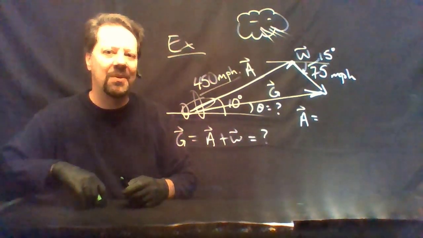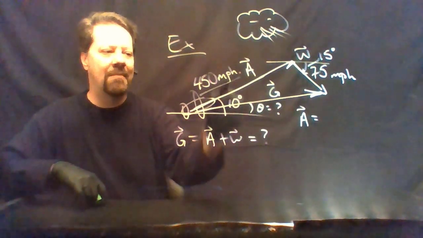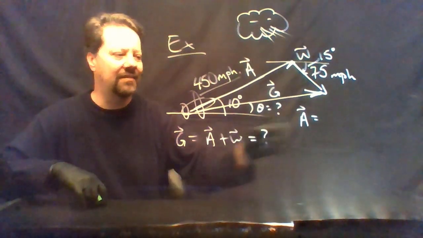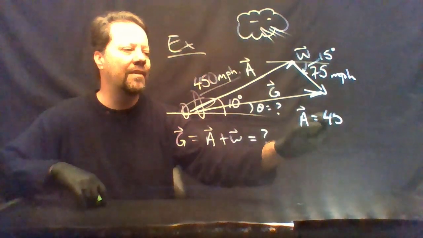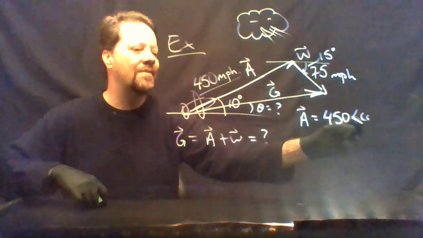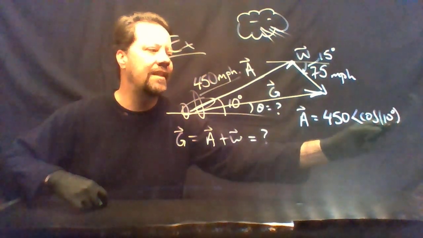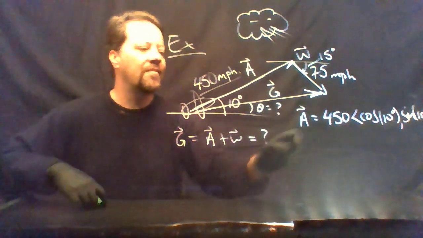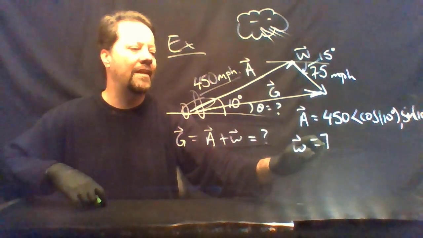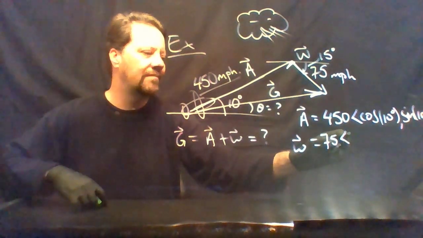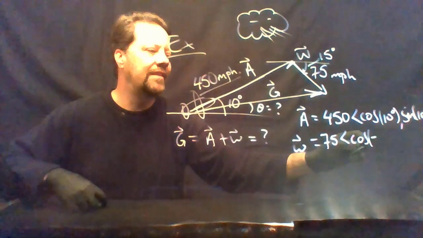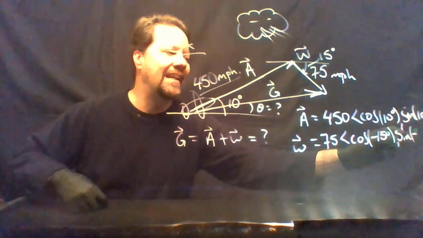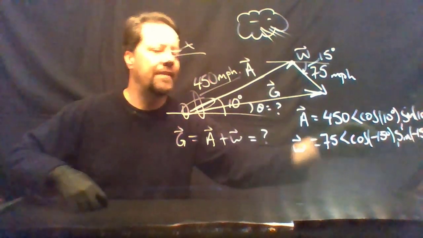Remember how we decomposed these vectors? We did the magnitude times the vector with the cosine and the sine of the direction angle. A is going to be 450 miles an hour times the cosine of 10 degrees, sine of 10 degrees. The wind is going to be 75 miles per hour times the cosine of negative 15 degrees, the sine of negative 15 degrees.